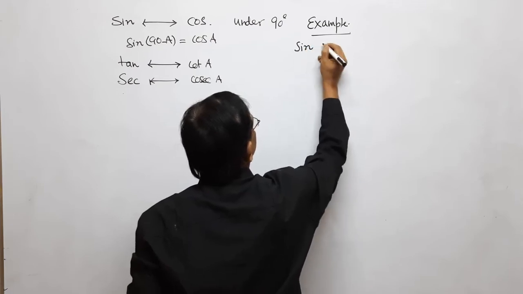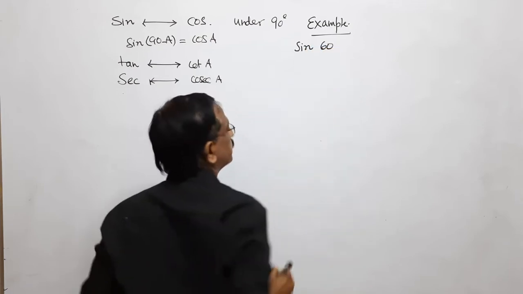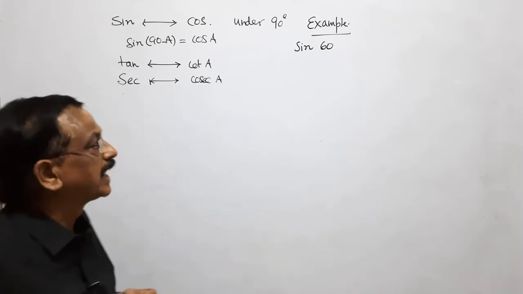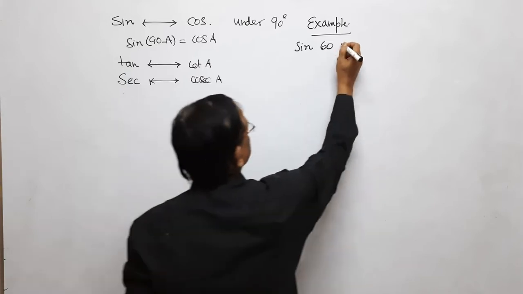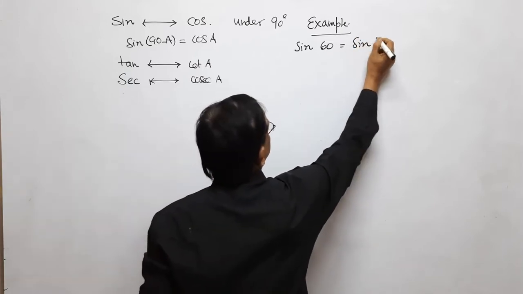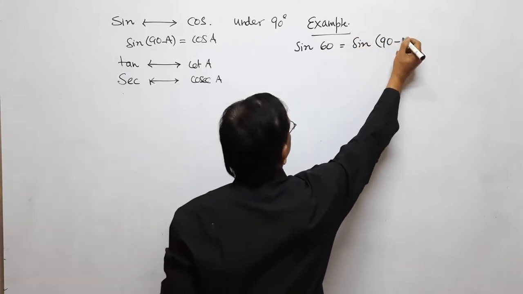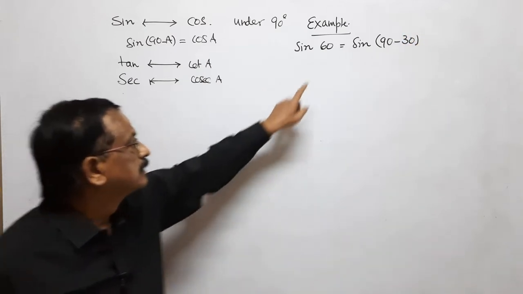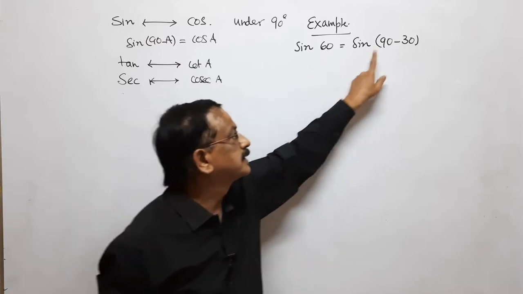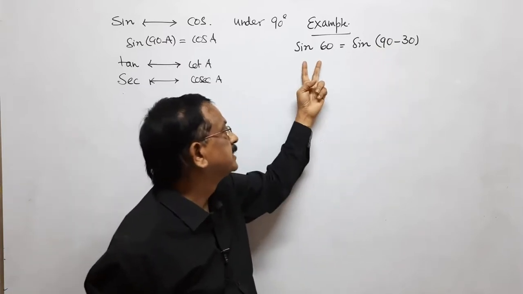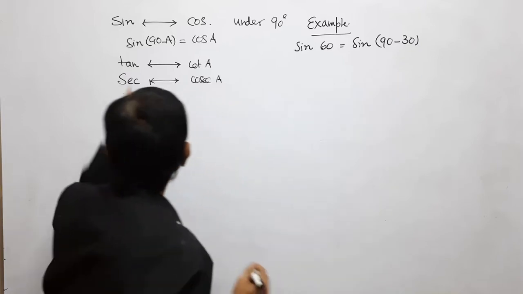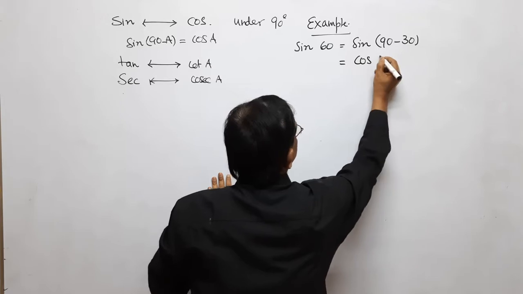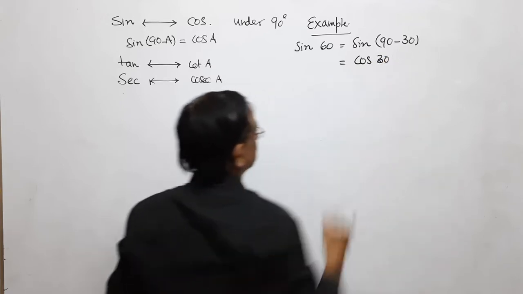If I want to write down sine 60, I can write it as sine of 90 minus 30. Look carefully, I'm writing 60 as 90 minus 30. Sine 60 is sine of 90 minus 30, which becomes cos of the angle 30.